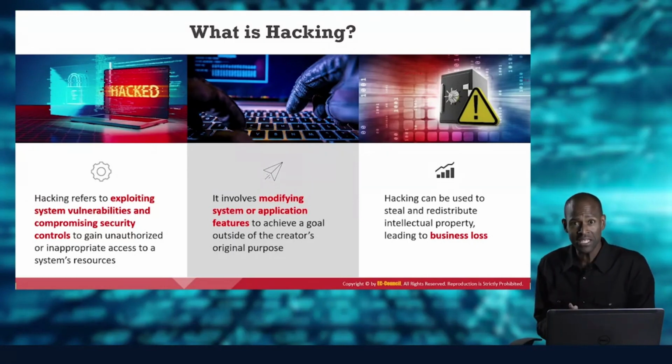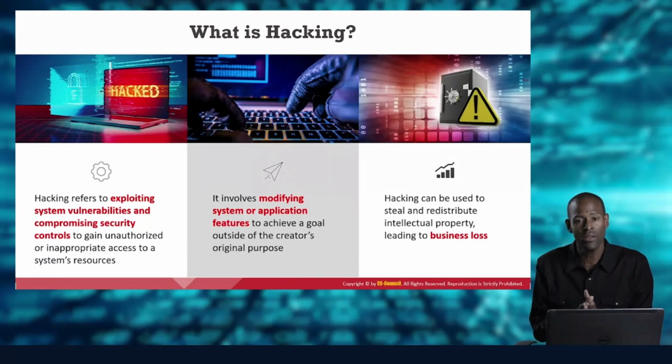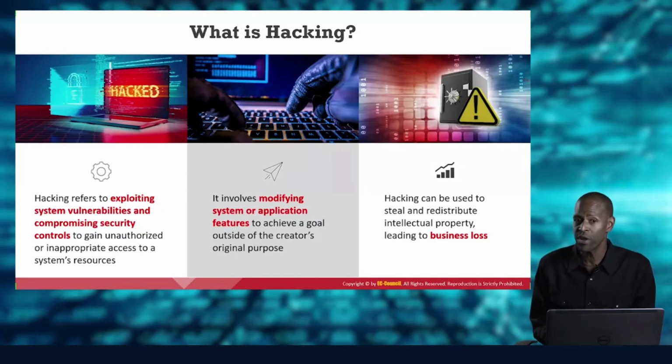In IT systems, which are extremely complex, we're using these extremely complex systems, which were made simply to communicate and facilitate transactions and so on, and we're finding vulnerabilities, finding ways around security, or where there is no security, and taking advantage of it in order to gain unauthorized or inappropriate access.